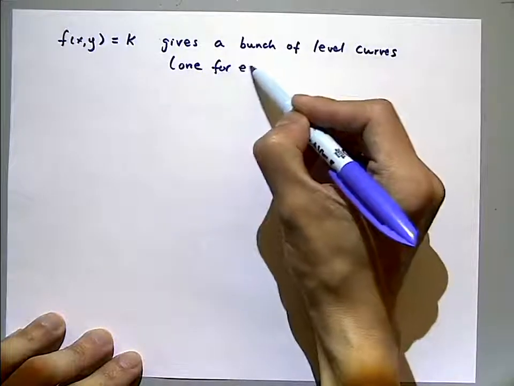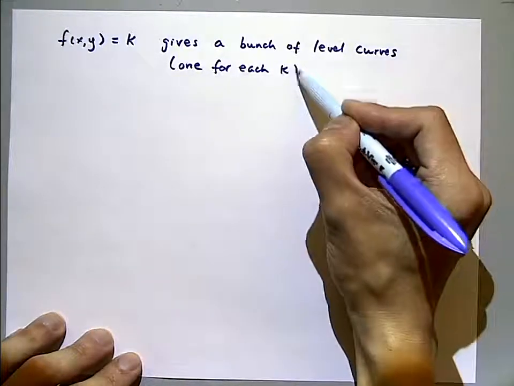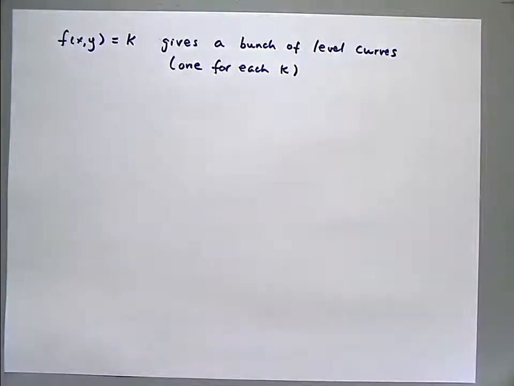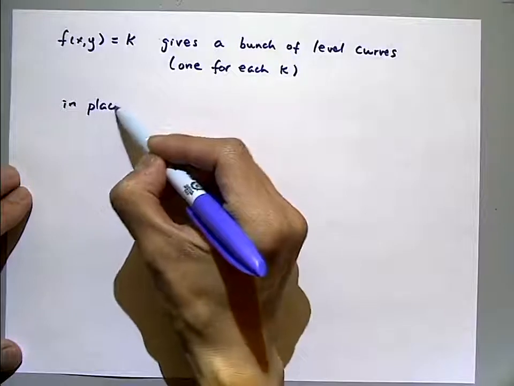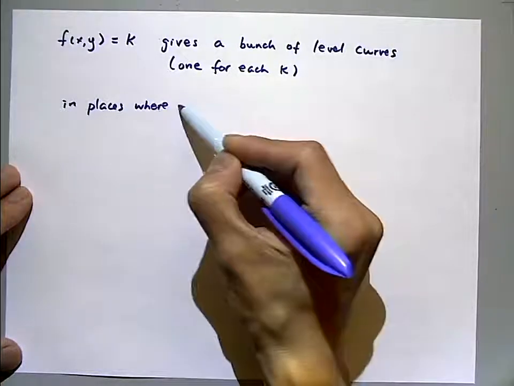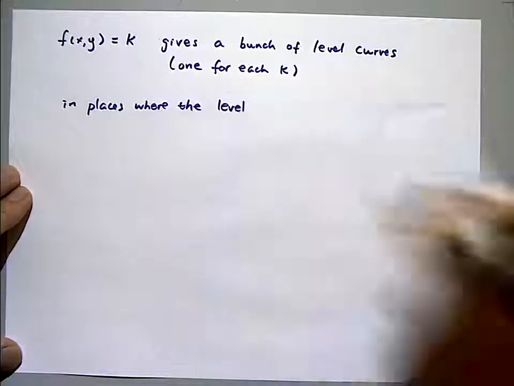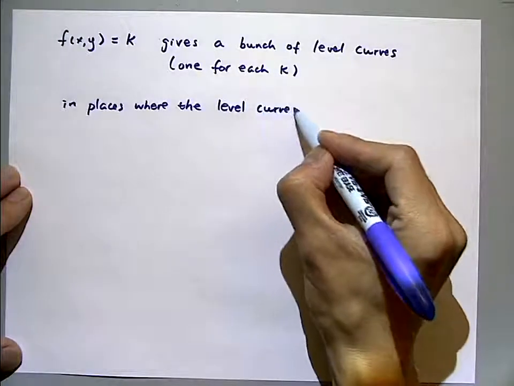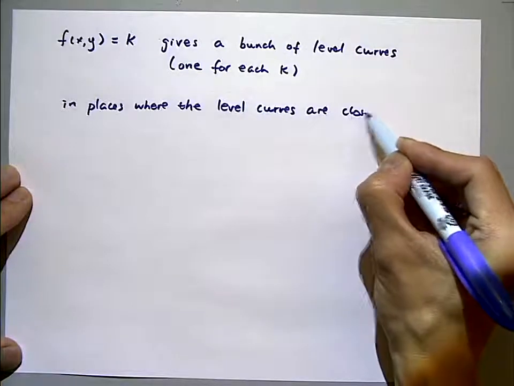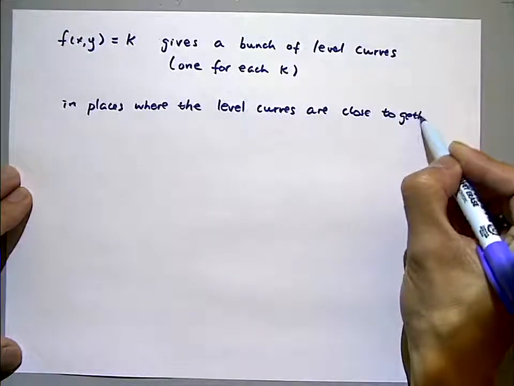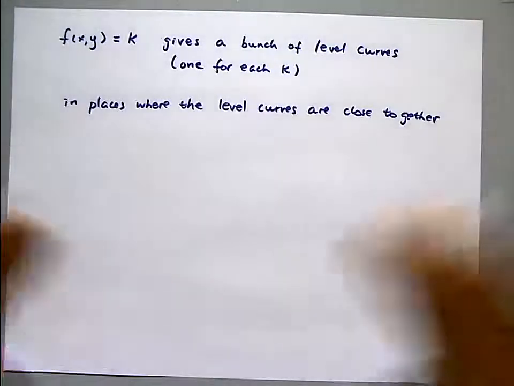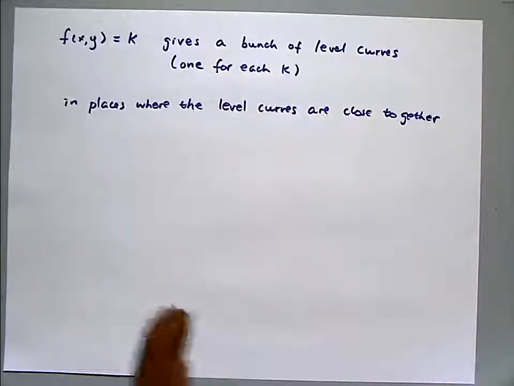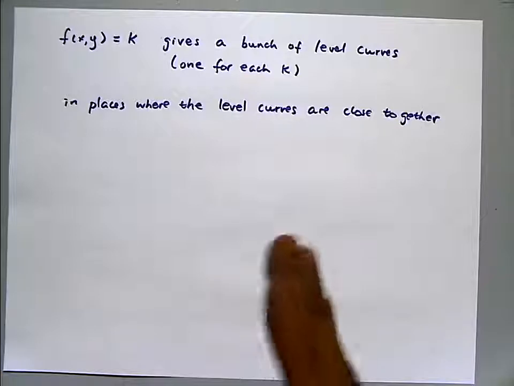The relationship between the vector field and the level curves is that in places where the level curves are close together, so for example, if you're describing the height of a mountain, if the level curves are close together, that means the mountain is steep, right?